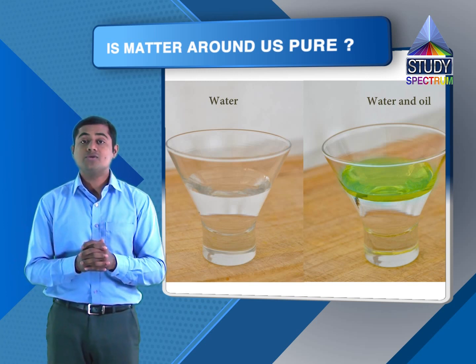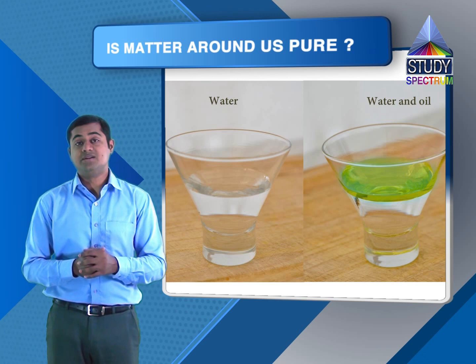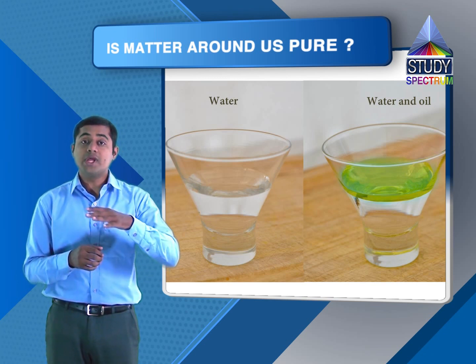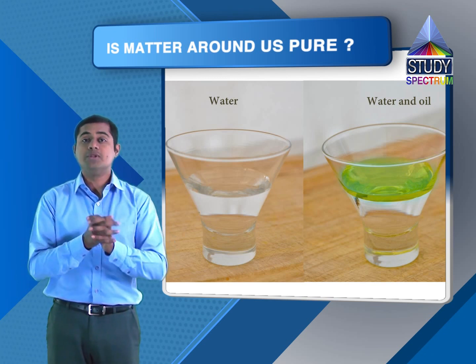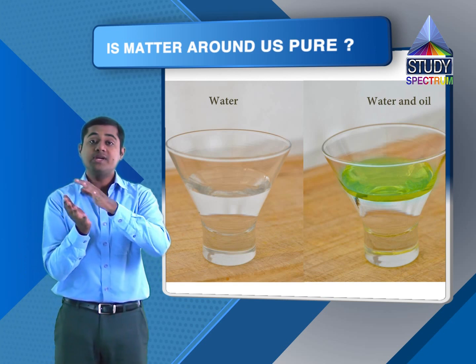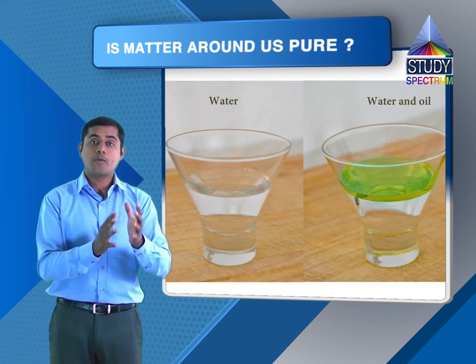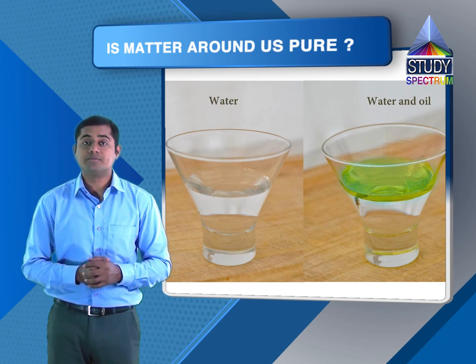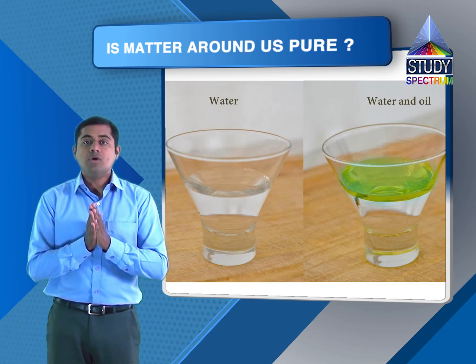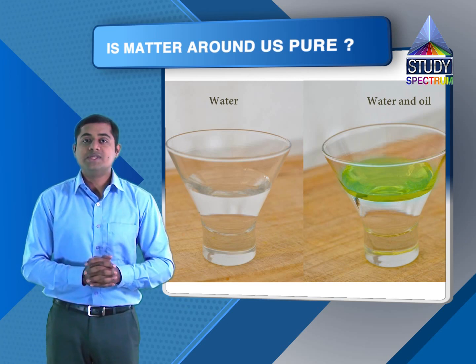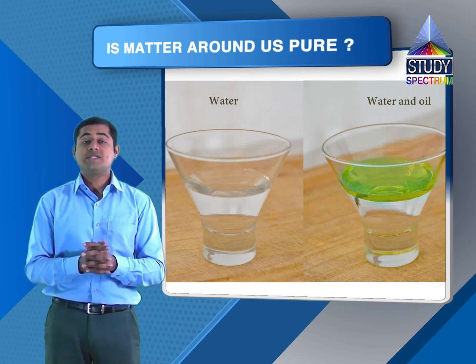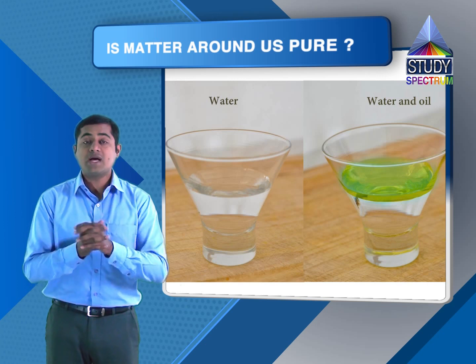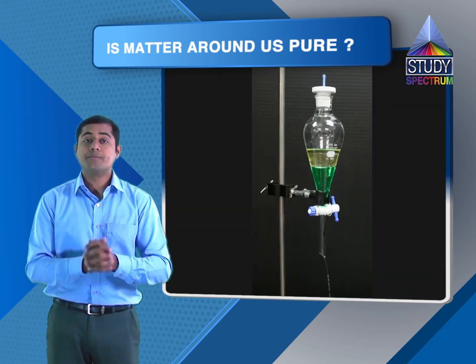Automatically, kerosene oil, being lighter in density, starts floating on top of the water. It makes a different layer on top of the water. Water makes another layer at the bottom. Now, such two immiscible liquids can be separated with the help of a separation funnel.